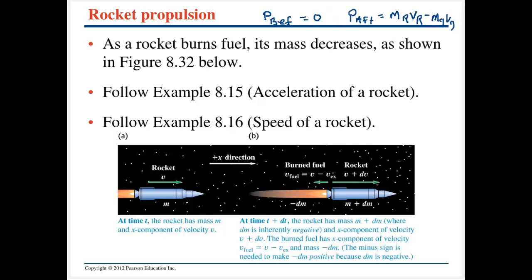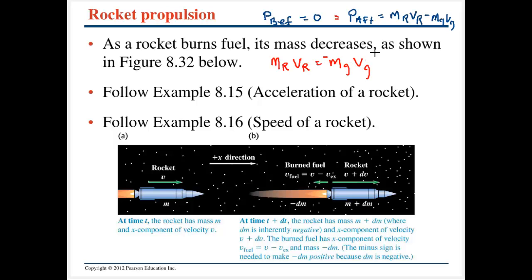So saying momentum beforehand is equal to the momentum afterwards, we can simply say that the mass of the rocket multiplied by the velocity of the rocket is going to be equal to the mass of the gas multiplied by the velocity of the gas.